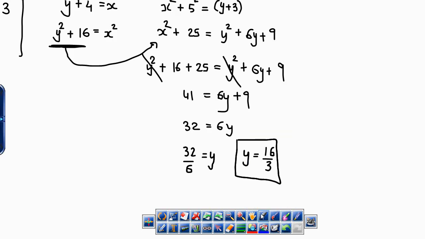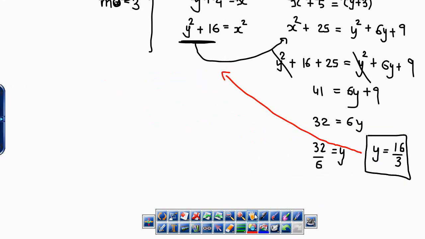This value of Y you will have to put in this equation now. उससे X मिलेगा जो मेरा मेन टारगेट है. Y स्क्वायर प्लस 16 इज X स्क्वायर, और Y की वैल्यू है 16/3.